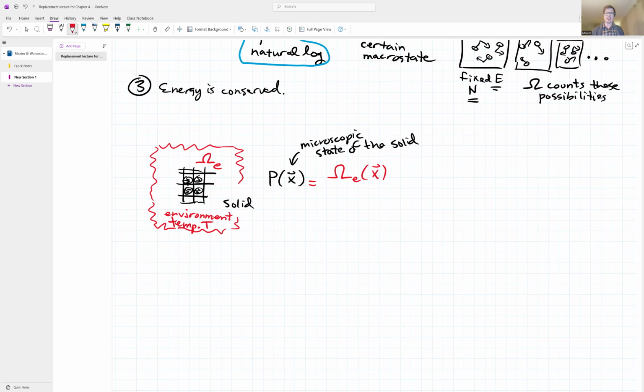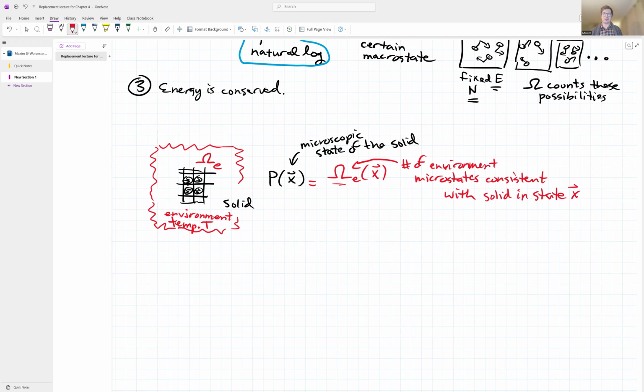Given that the solid is in this particular microscopic state, this is the number of environment microstates consistent with the solid being in state X.